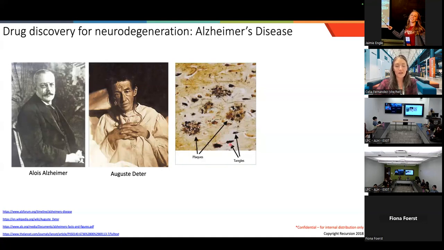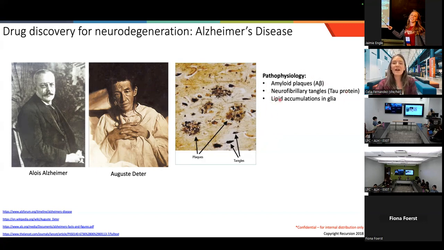They look like dark flames. They're flame shaped because they're actually filling up pyramidal neurons. His findings dominated a lot of the field for a very long time. Interestingly, he also described lipid accumulations in glial cells, so non-neuronal cells.